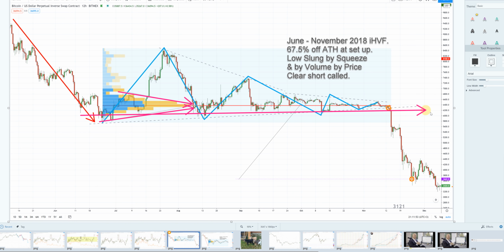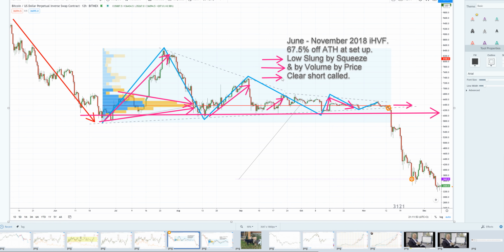This was a lean on the 6 grand level. It broke up from around 6.4, because you were bouncing each time, but each time the bounce got smaller and flatter. We had a little Bitfinex narrative story there, but that was getting lower, and it was low slung, low volume by price, and a clear short call.